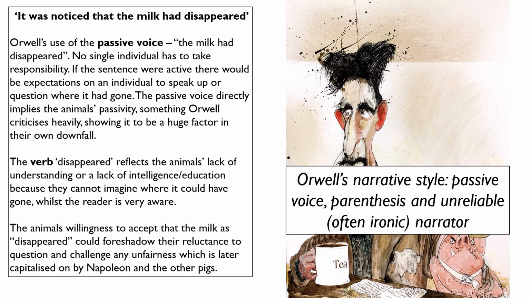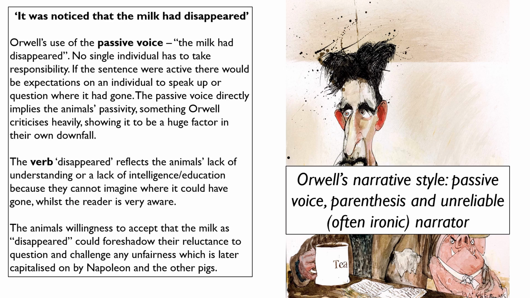The verb disappeared is interesting because it reflects the animal's lack of understanding. The milk has been taken, it has been stolen, but by saying disappeared, it makes it seem like they can't possibly imagine where it could have gone. We, the reader, are very aware, but it shows how passive the animals are.